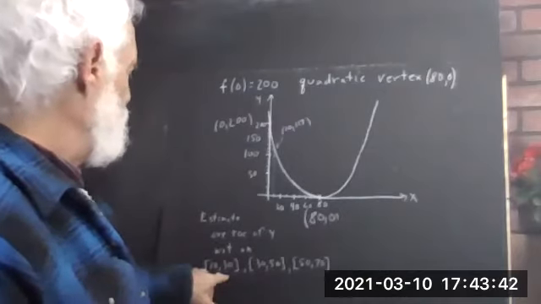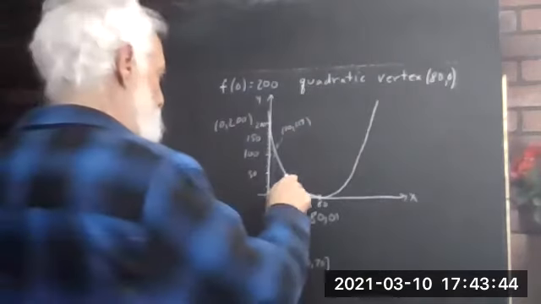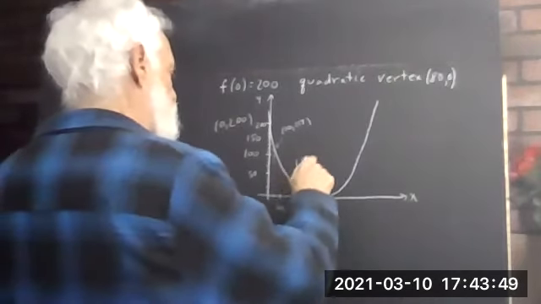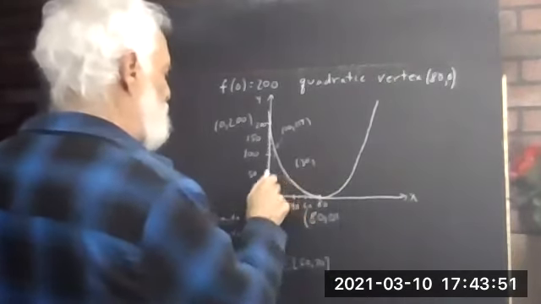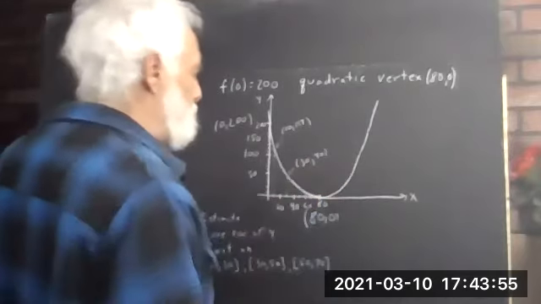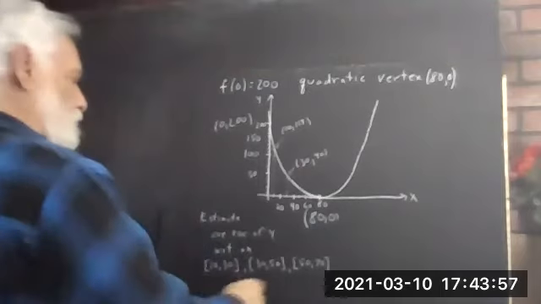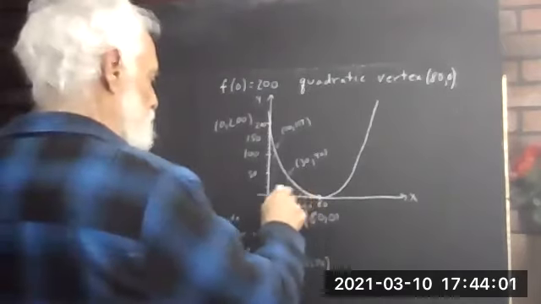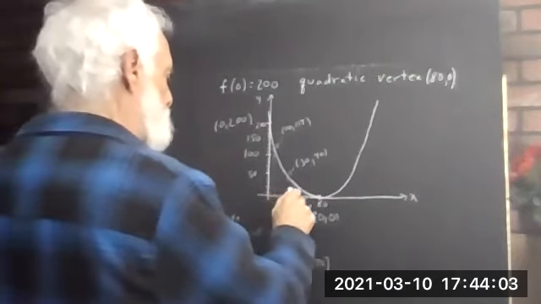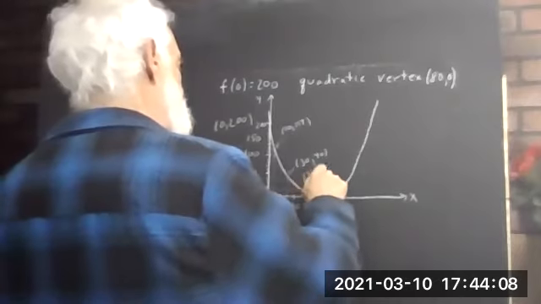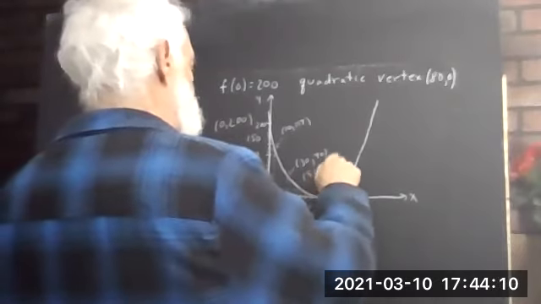Okay, and then when x is 30, I have the point (30, 40), pretty close. Then when x is 50, I think I've got the point (50, 17).